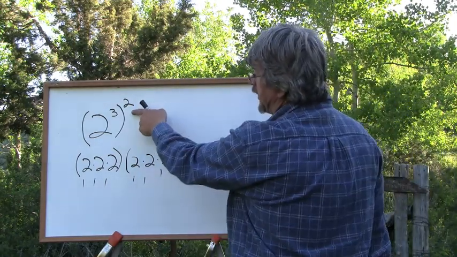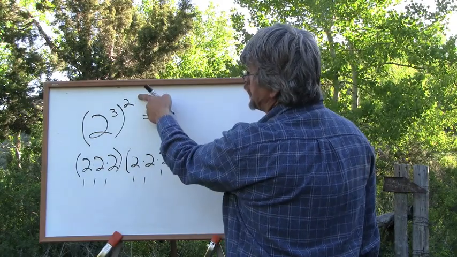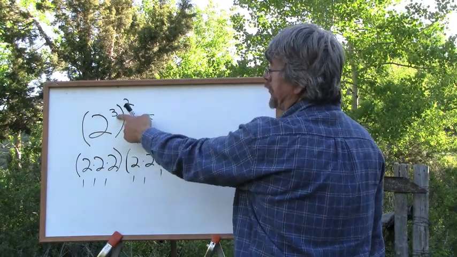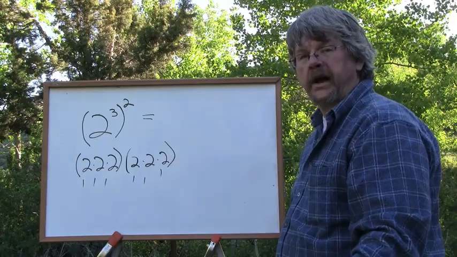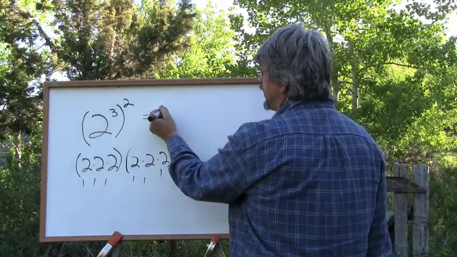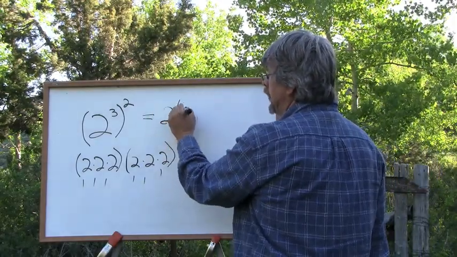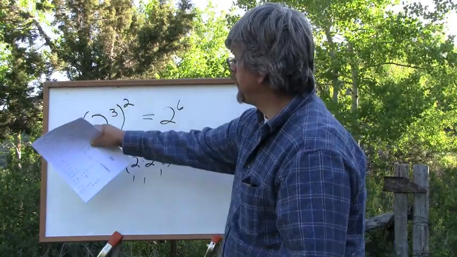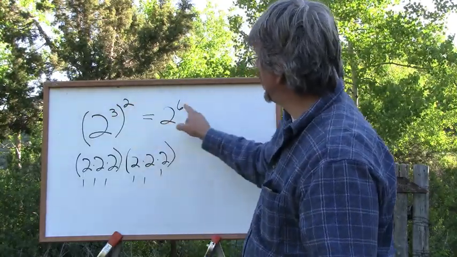When you look at the exponents, 2 times 3. You multiply the exponents so that this becomes 2 to the 6th, and you drop your parenthesis because you've multiplied the 2 exponents.